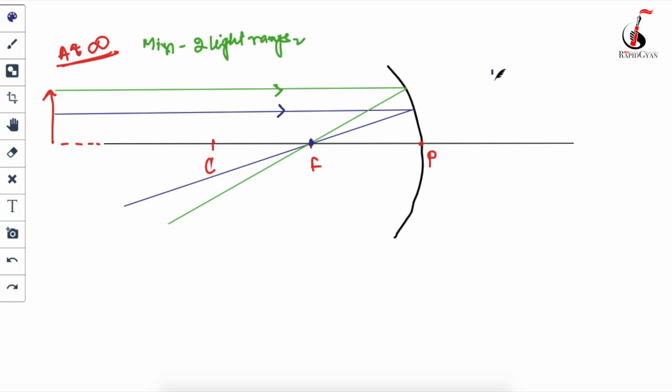So what will be your position of the image? Remember how we decide the position of the image. The position of the image is decided by the point of intersection of two light rays.